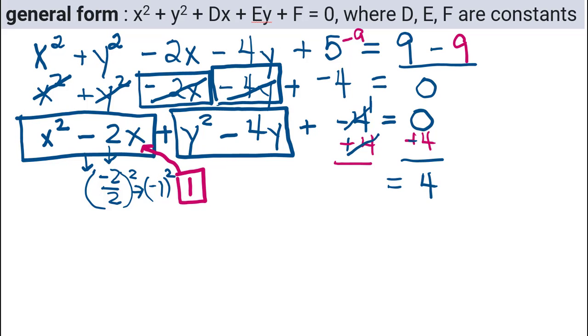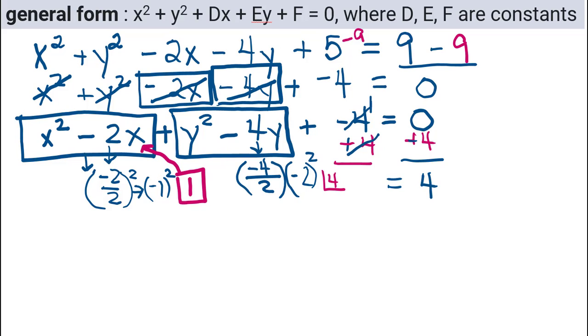Let's take our y squared minus 4y and complete the square by taking -4, the coefficient in front of the y, dividing by 2, and you get -2. Square that, and you'll get a +4.